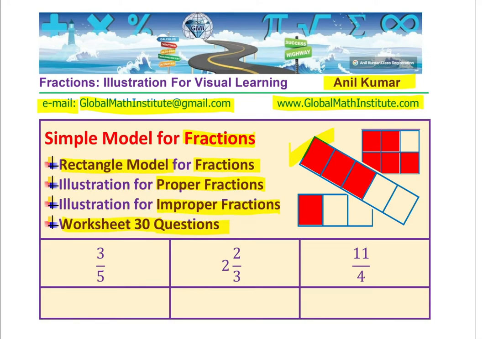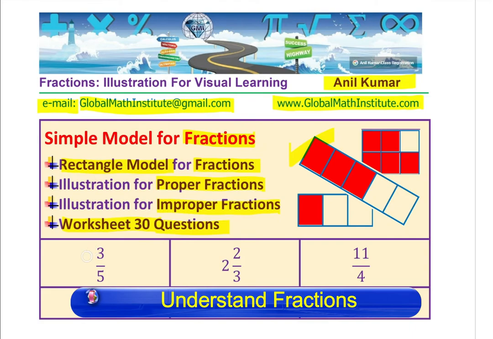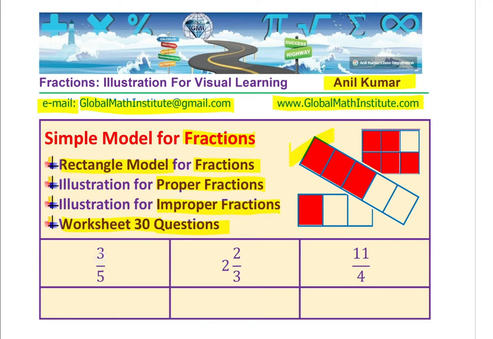Now, to begin with, we have 3 over 5 as a fraction, 2 over 3 as another fraction, and 11 over 4. Let's try to understand these fractions first. The very first one, we see that the numerator is smaller than the denominator, and therefore we call this a proper fraction.